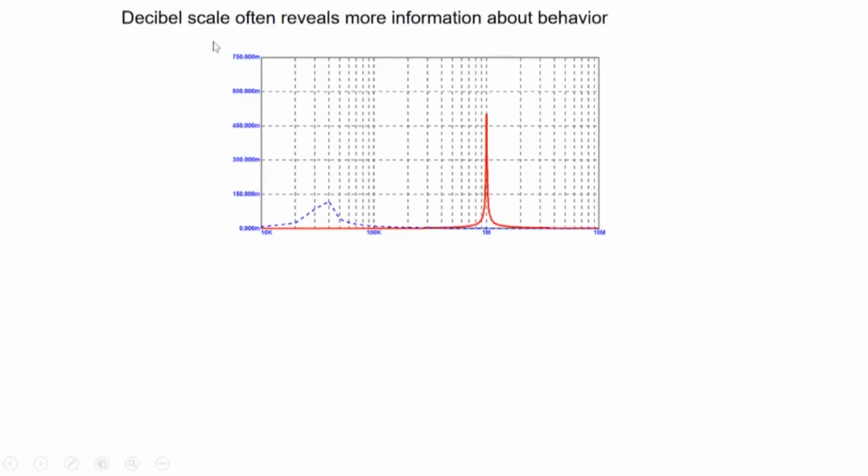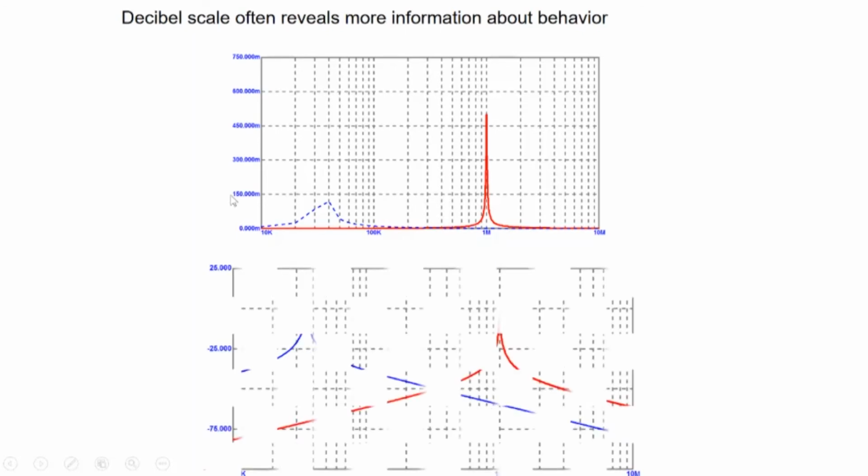So the decibel scale often reveals more information about behavior, just like a log scale. Note that you are taking a log and plotting it, so it's also a log scale. We saw that instead of plotting on a linear frequency scale, if you plot over a log frequency scale, we are able to see the signals much more clearly. Similarly, if I take this scale here and convert it into decibels, I get more insight.